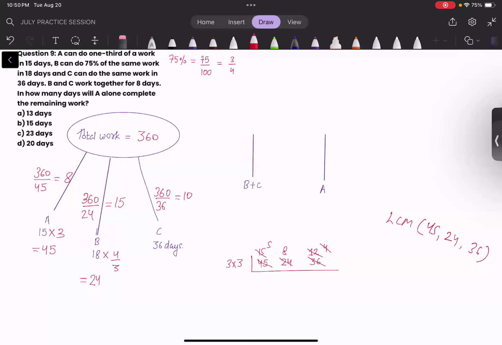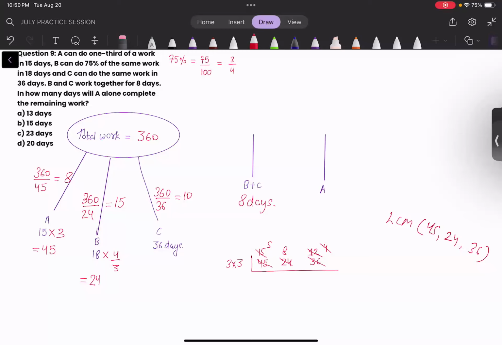Now, the fourth situation they have given. This is the fourth situation diagram, drawn a little bit separately. B and C started and worked for 8 days. What is 1 day work of B and C?